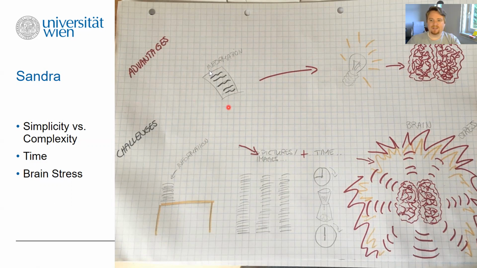We have some information on the one side, and then we draw it, and it totally goes into our brain. But the challenge can be also, if we have a lot of information, to bring that into pictures, which is how I interpret your aspect of time here, which is a very important aspect indeed.